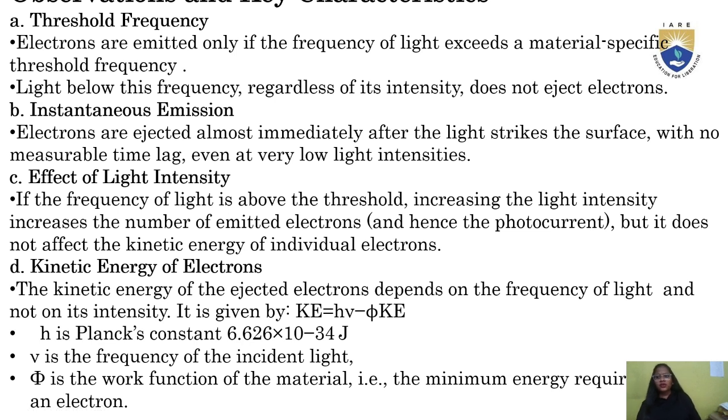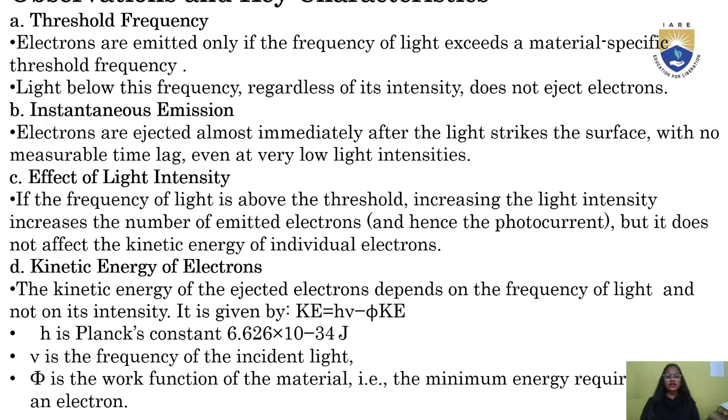Now let us know about threshold energy. Electrons are emitted only if the frequency of light exceeds a material-specific threshold frequency. Light below this frequency, regardless of its intensity, does not eject electrons. Instantaneous emission: electrons are ejected almost immediately after the light strikes the surface, with no measurable time lag, even at very low light intensities.